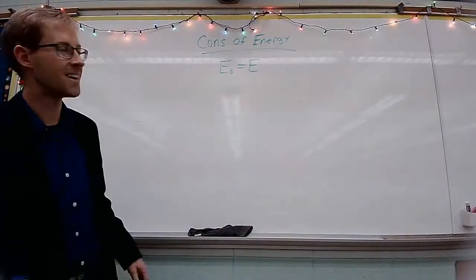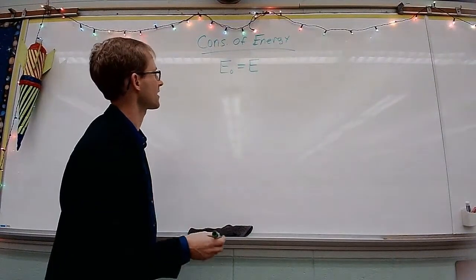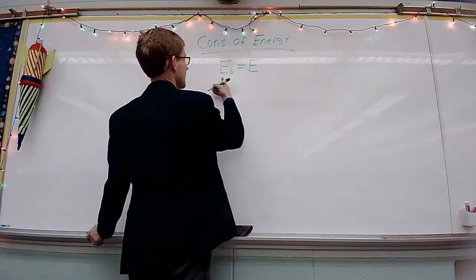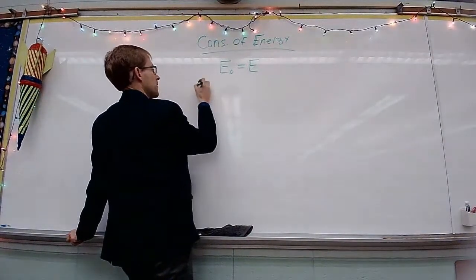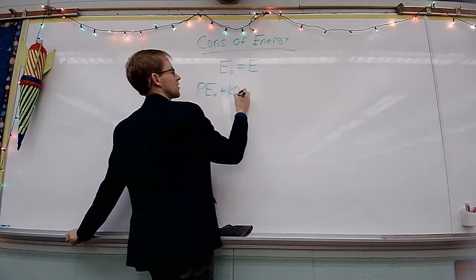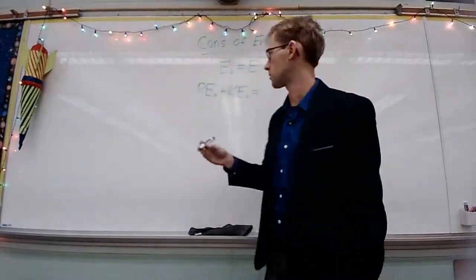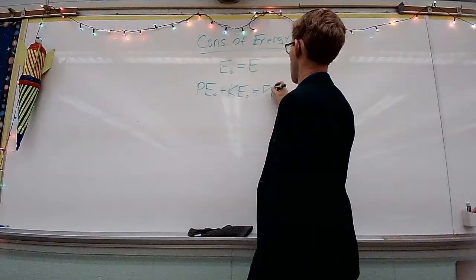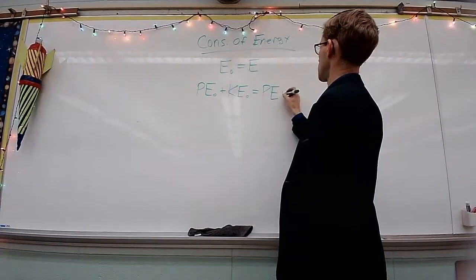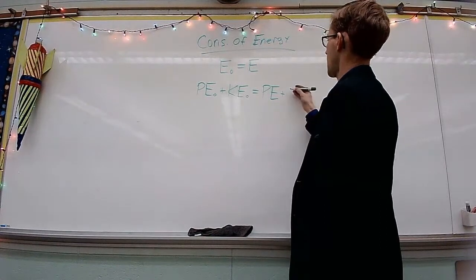There you go. So if you wanted to break this down a little bit more specifically, you could say original potential energy plus original kinetic energy is equal to the final versions of those things. And when I list the final versions, I'm not putting anything next to them.